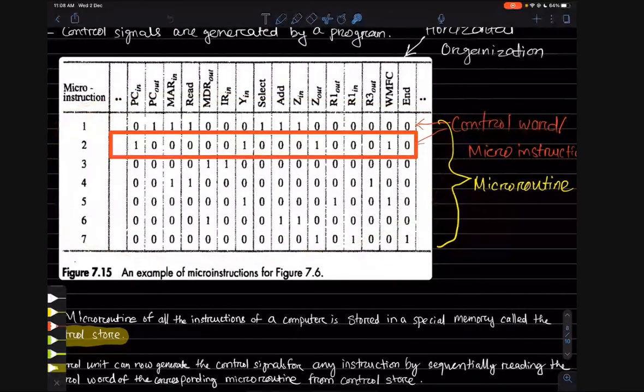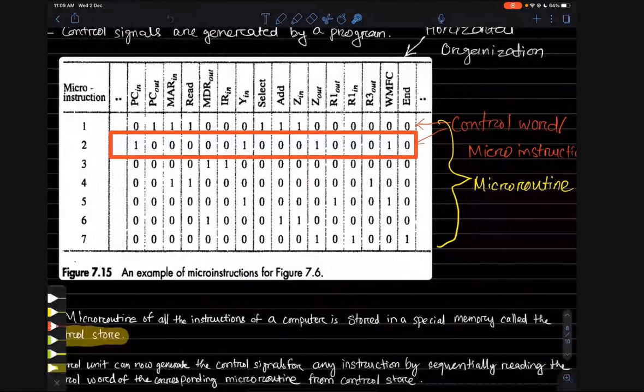Like that, for the multiplication instruction we will have one micro routine, for the AND operation we will have one micro routine, for all the arithmetic and logic operations performed by the ALU, or the data transfer operations, all the types of operations that can be performed inside a PC. For each instruction there will be a micro routine.